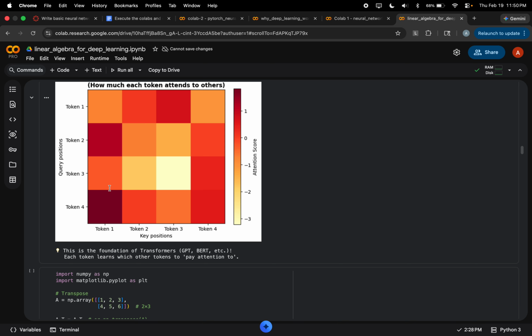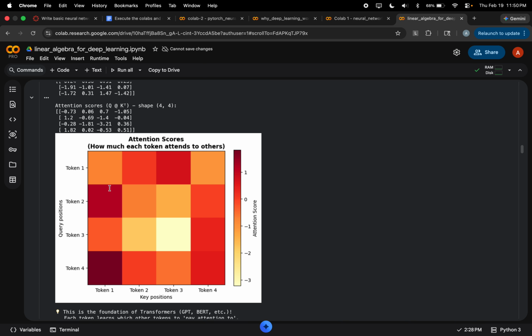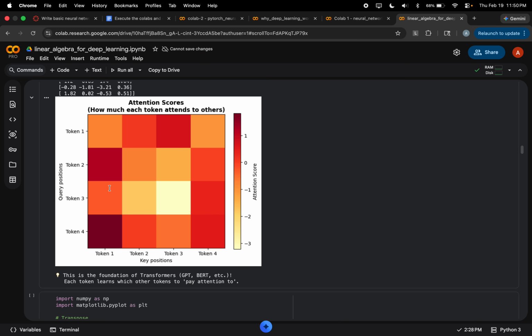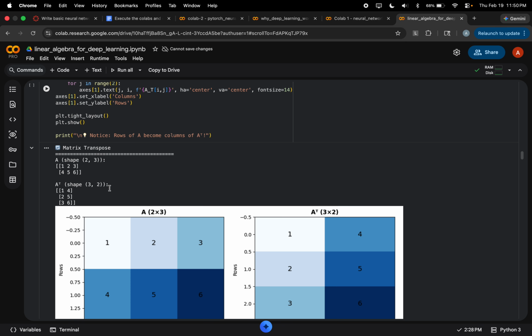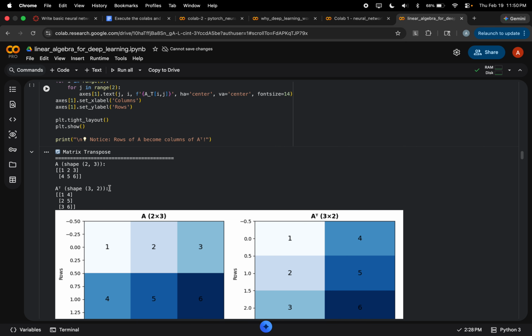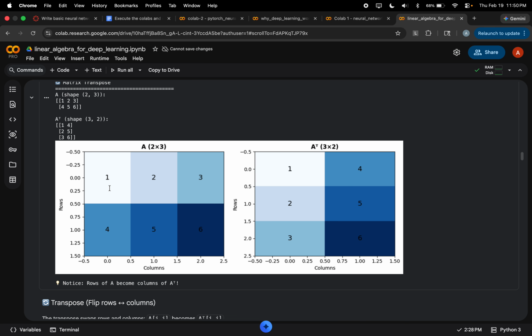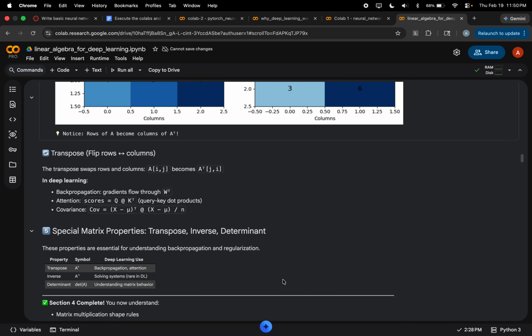So these are the attention scores for the tokens. This is a 2 cross 3 matrix. Its transpose will always be 3 cross 2, and the rows will become columns and the columns will become rows.